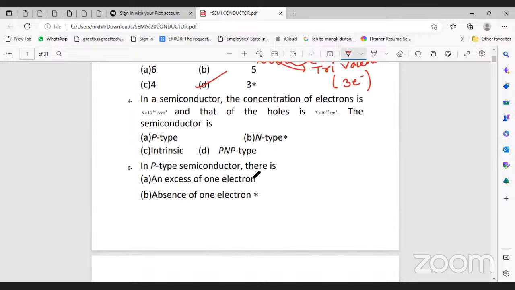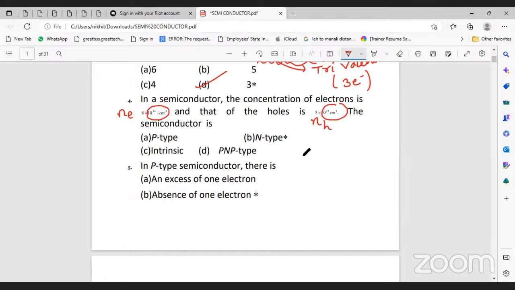In a semiconductor, the electron concentration is given and the hole concentration is given. Now you have to conclude which type of semiconductor it is. Clearly you can see the electron concentration is 10 power 14 per centimeter cube, but the hole concentration is 10 power 12.